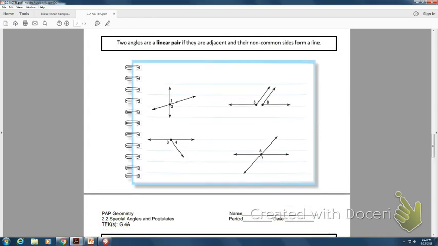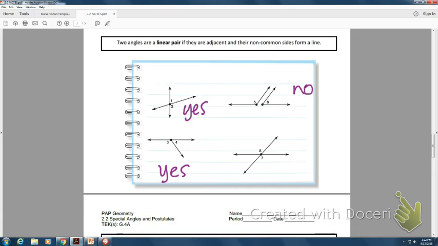Okay, linear pairs. Are 1 and 2 a linear pair? Yes. Is 3 and 4 a linear pair? Yes. Do they share a common side? Yes. Do they form a straight line? Yes. Okay, 5 and 6? No. Why not?